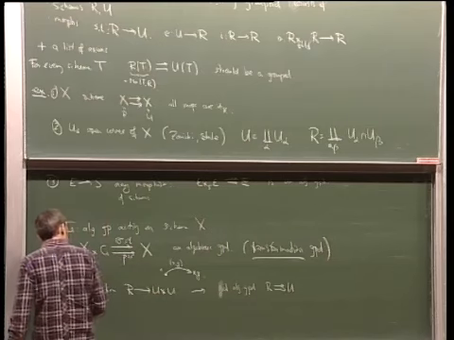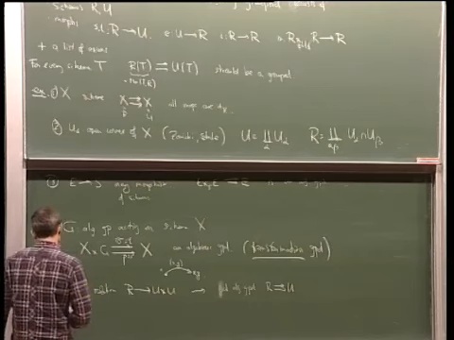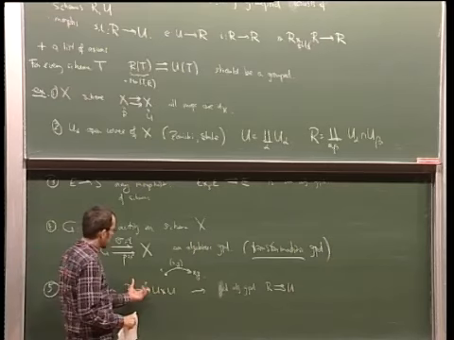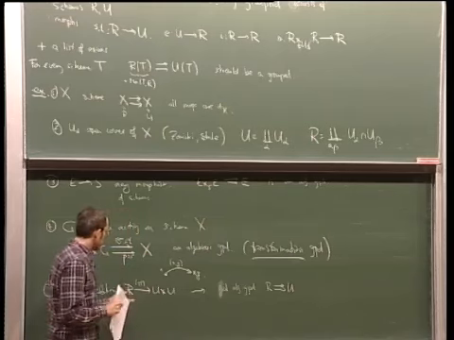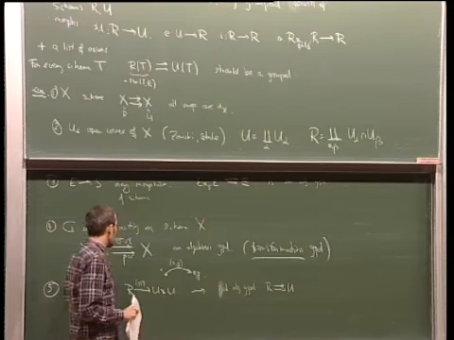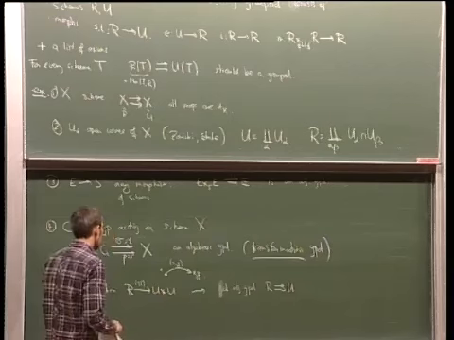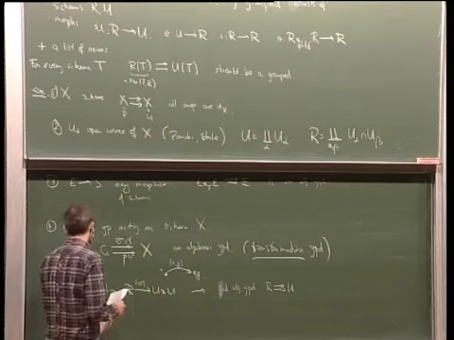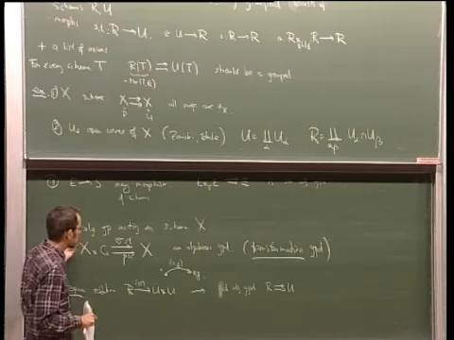So in general, whenever I have an algebraic groupoid, I can consider this map R into the product U times U. And if this map is injective, then the groupoid is an equivalence relation. But, right, so for example, this one is not an equivalence relation unless the action is free.